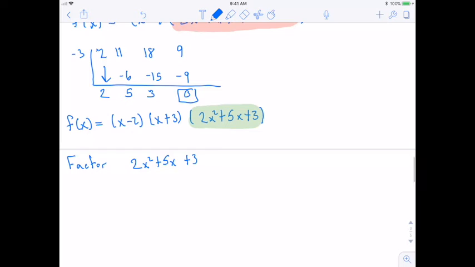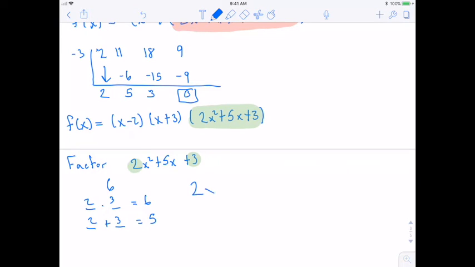And our step says we multiply a and c together, and we get 6. Now we're looking for two numbers that multiply to be 6 and add to be 5. And actually we have our two numbers already, 2 and 3. 2 times 3 is 6. 2 plus 3 is 5.